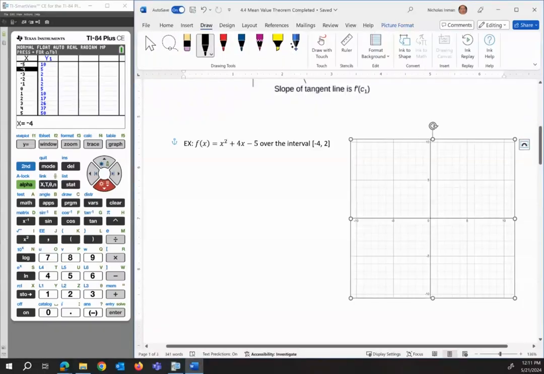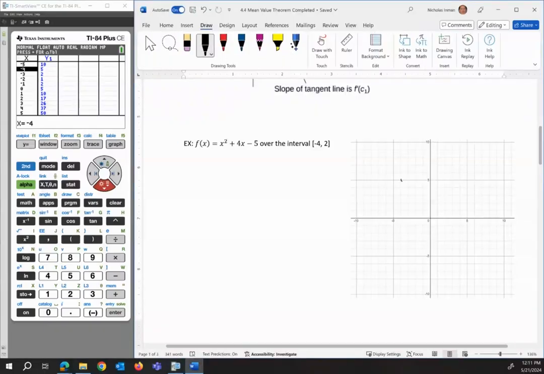So -4, 5; -3, 2; -2, 1; -1, 2; 0, 5; 1, 10.